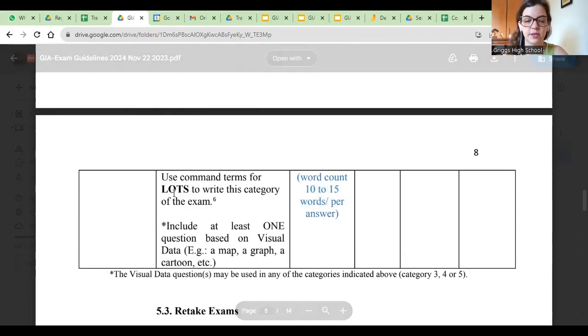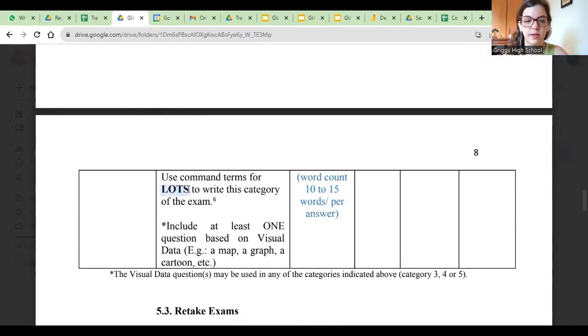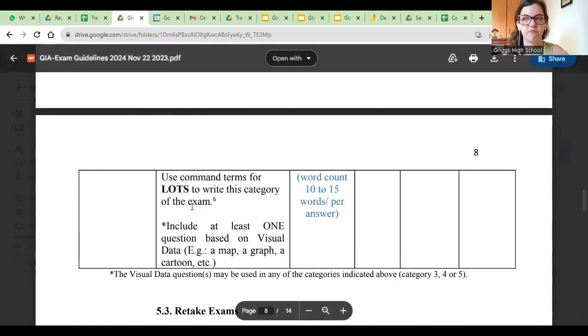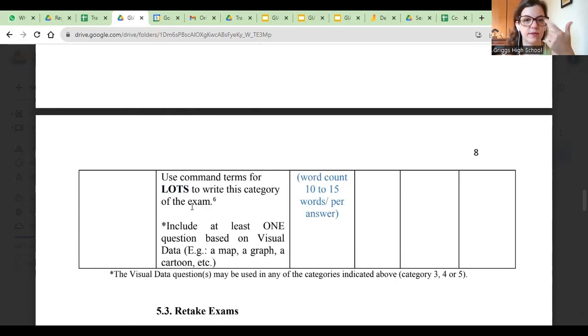So it's impossible for you to ask a student to analyze something, develop something, or criticize. They will identify, differentiate one thing from another, classify, categorize. They only have 10 to 15 words, okay? And one of the questions also must be based on visual data.